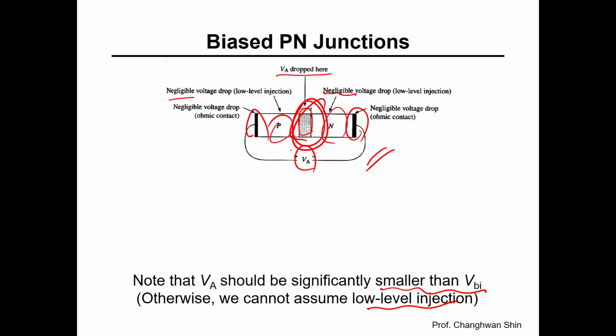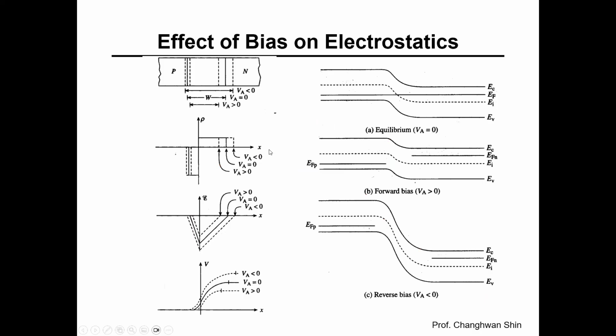Okay. So this slide comprehensively illustrates how applying different biases affects the physical properties of the PN junction. The left side shows how the depletion width W changes with bias.